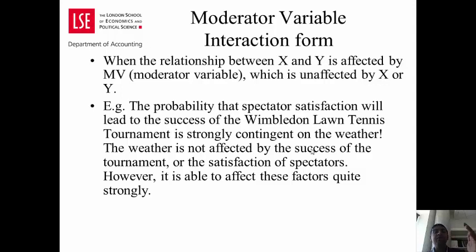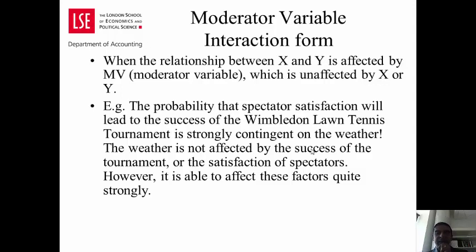Perhaps when it's a beautiful sunny day, the spectators might naturally be more inclined to be satisfied because it's a beautiful day, the sun's shining, everyone's naturally more positively dispositioned. But if it was a gloomy, cloudy day, you're kind of sitting there and you're waiting for the game to start, or the weather's a bit cold and you've got your jumper on and you're kind of shivering a bit, and you just enjoy it a little less.